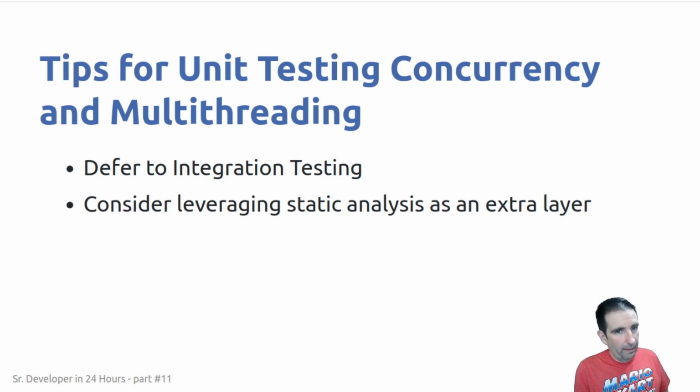Because, again, we should be testing that the code works. But normally, as much as possible, we try to run unit tests in a single thread. So, static analysis might give you an extra pair of eyes to identify potential issues that otherwise you might spend hours and hours creating super complicated unit tests to be able to uncover these kinds of issues.